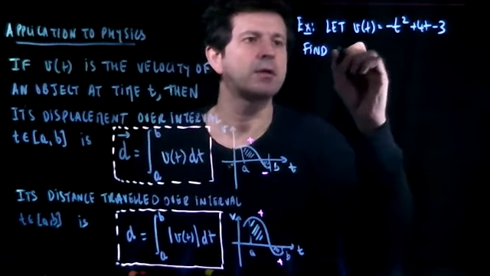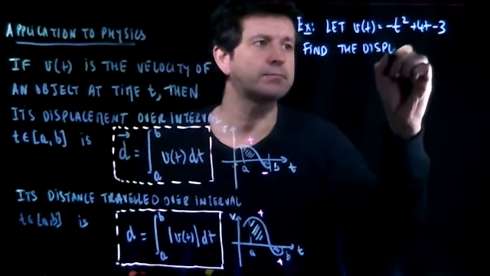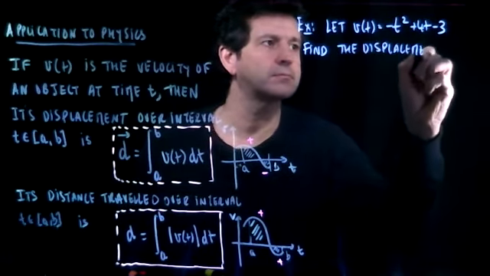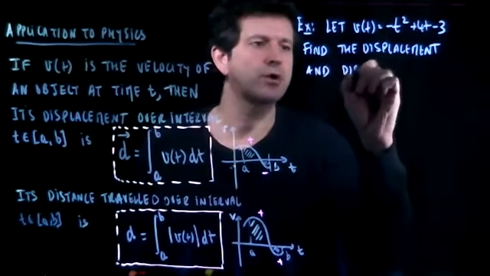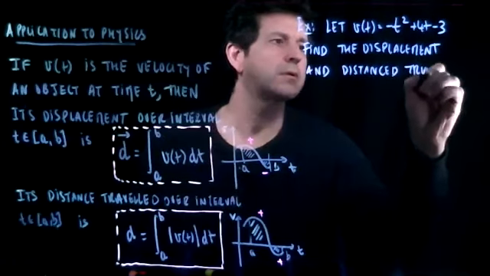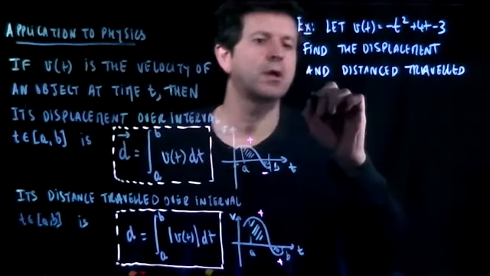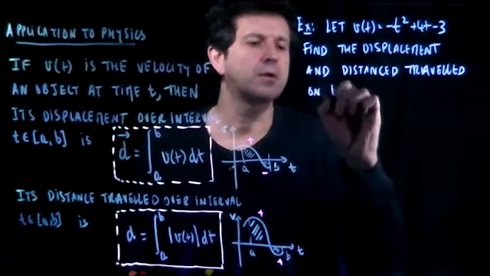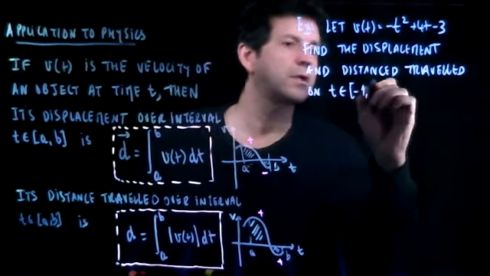Find the displacement and distance traveled on t between -1 and 6.